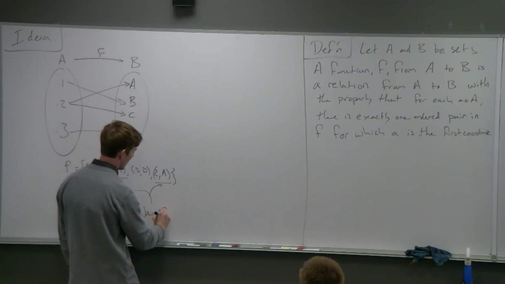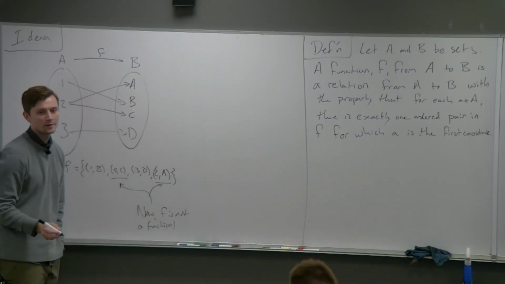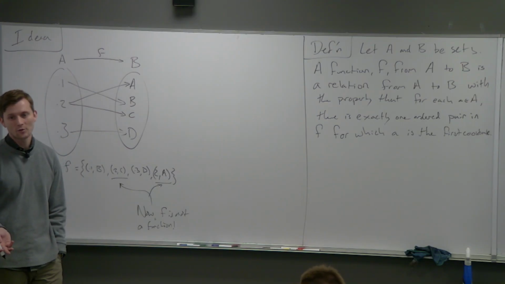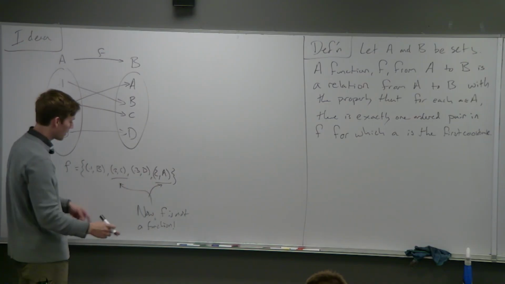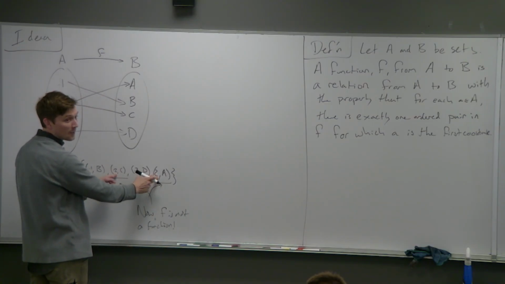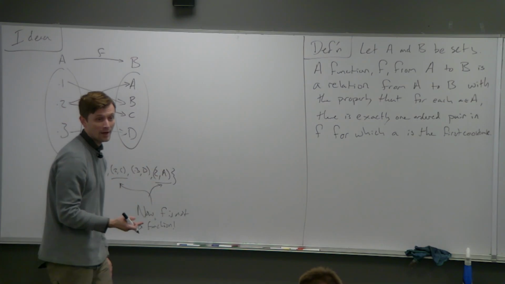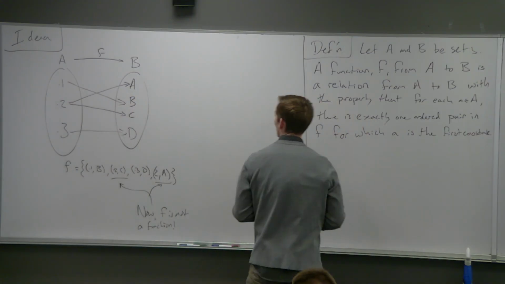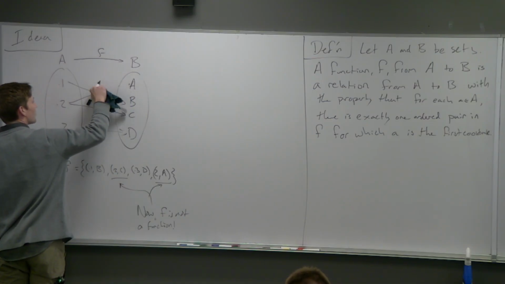Now, f is not a function. Okay. So you can see how things could fail to be functions. You could either have too many ordered pairs with something the same at the beginning, right? Or you could lack an ordered pair. That is, of the correct answers to how do you make this not a function, that was one of them.